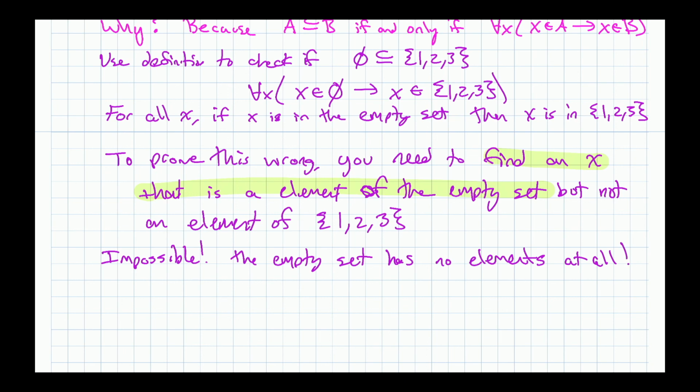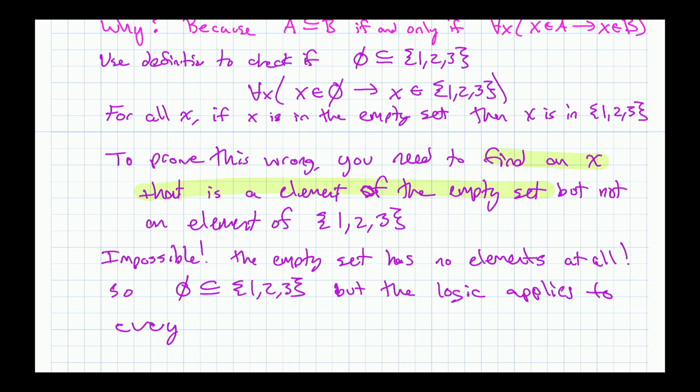All right. And so that's why the empty set is actually a subset of every other set. In this case, {1, 2, 3}. So the empty set is a subset of {1, 2, 3}, but the same logic applies to every set, not just {1, 2, 3}.